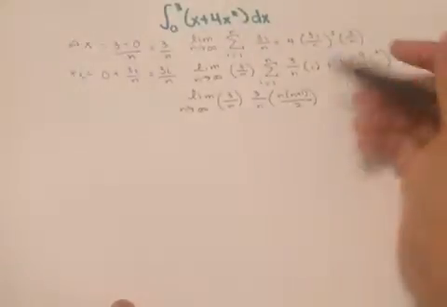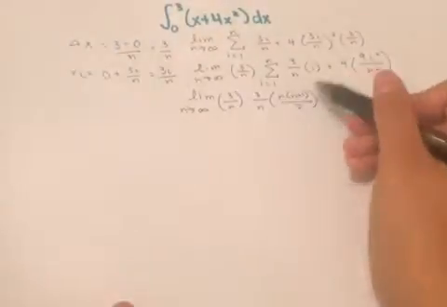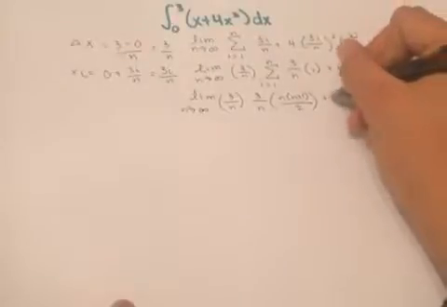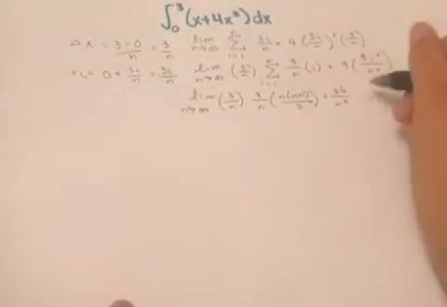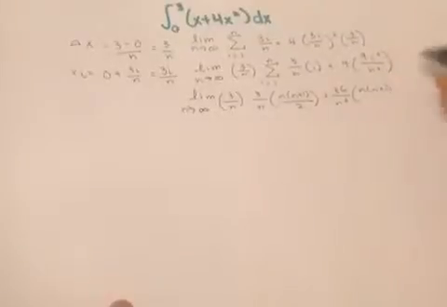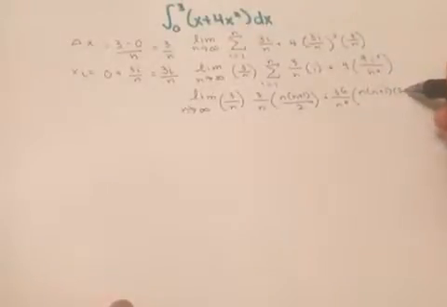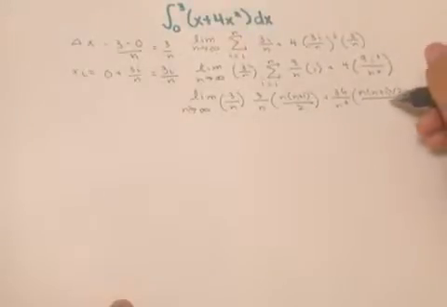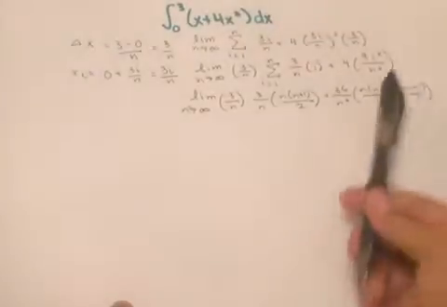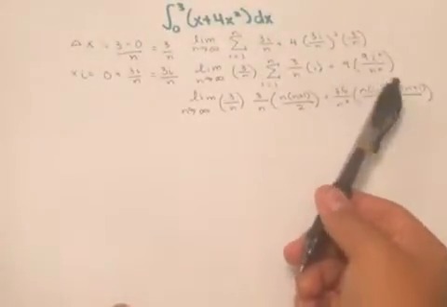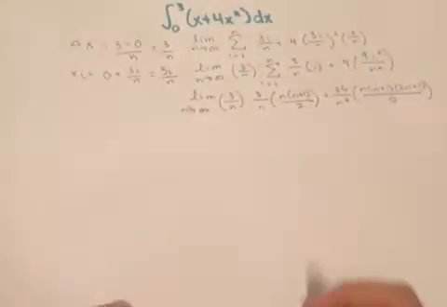And this is just the i value that I showed you before. And now we can continue with the rest of the function. So it's 36 over n squared times n plus 1 times 2n plus 1 over 6. And this is the i squared value that I showed before, that you guys will need to memorize in order to do these types of questions this way.